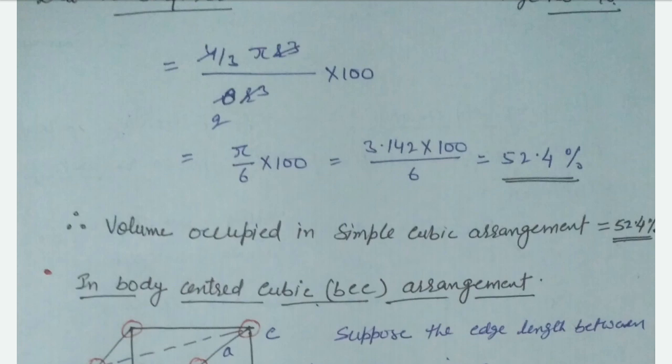It means a simple cubic unit cell has occupied 52.4%, and the rest of the area we can calculate by 100 minus 52.4.